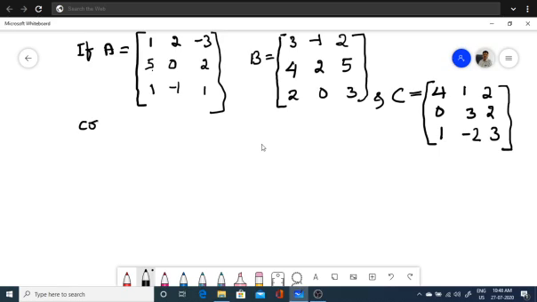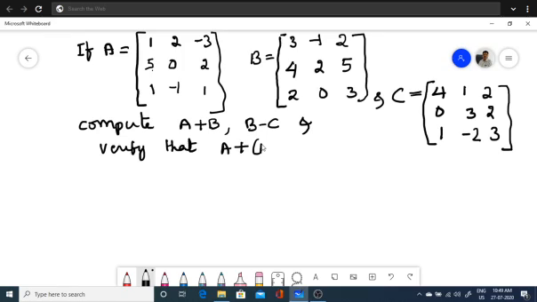What they have asked is to compute A plus B and B minus C, and verify that A plus B minus C is equal to A plus B minus C. So actually this is the associative property, involving addition and subtraction.